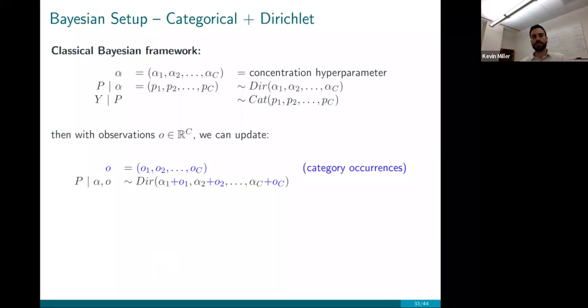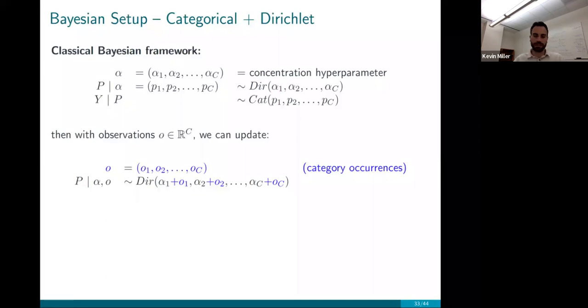So summarizing here, in this more classical Bayesian framework, given a concentration hyperparameter alpha that determines our belief about the probabilities, we can then get our belief about the categories, the actual classification of a point. Then with observations, we can update those probabilities by updating the concentration hyperparameters. Now, usually these observations are integer valued.